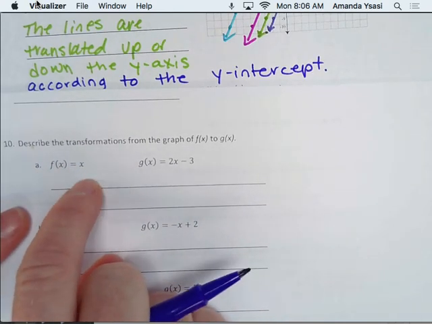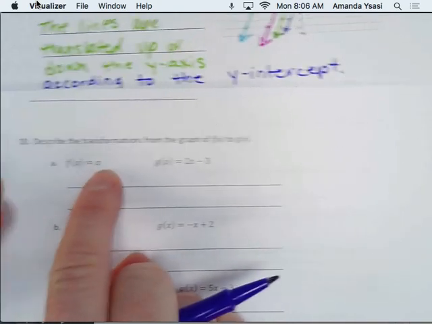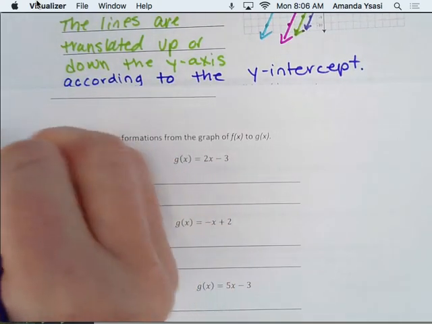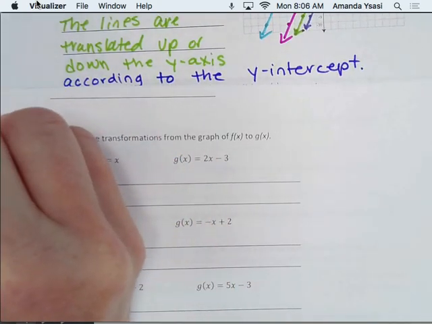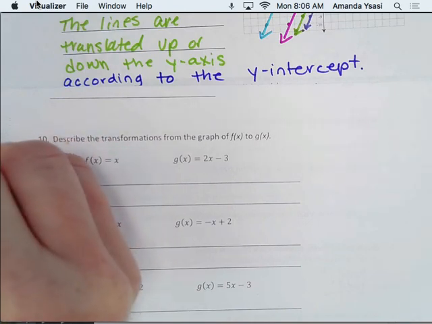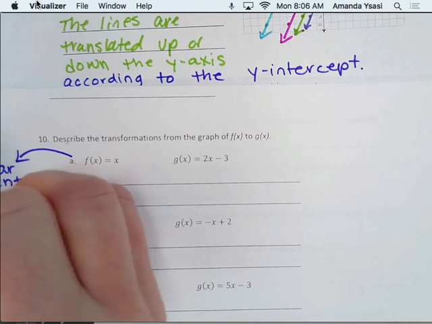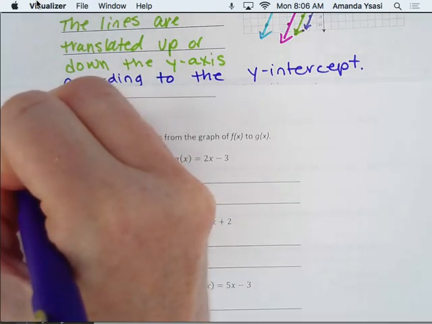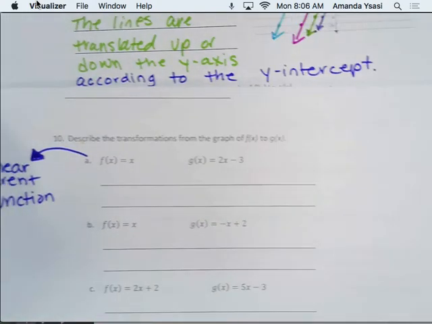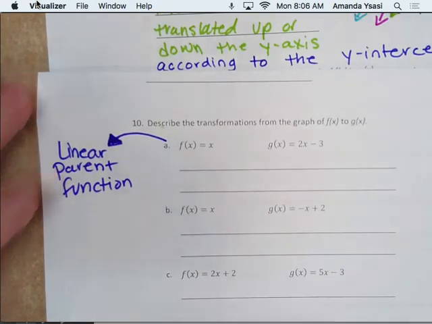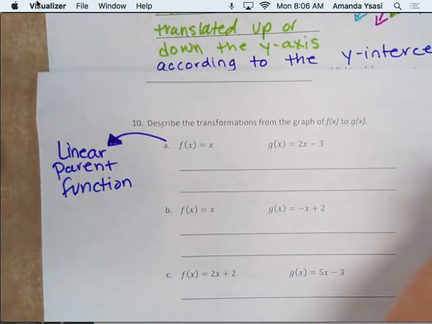Do y'all remember learning that? It's your linear parent function. Let's write that over here. Linear parent function. All the other linear functions come from the linear parent function.